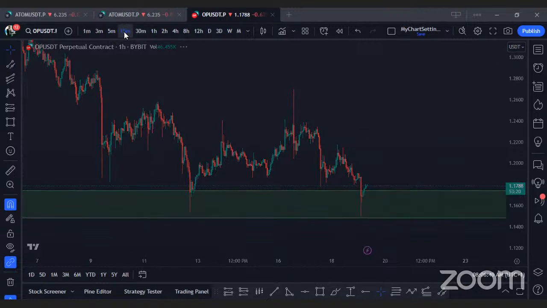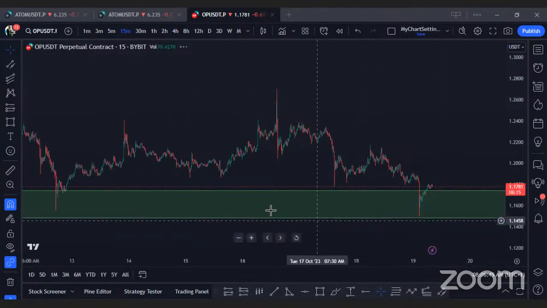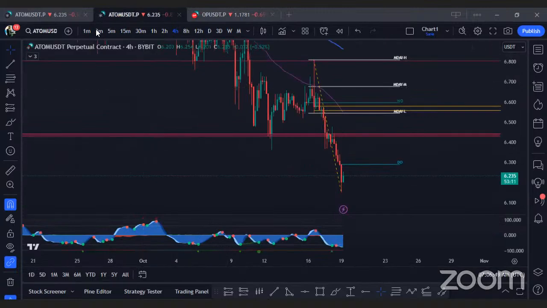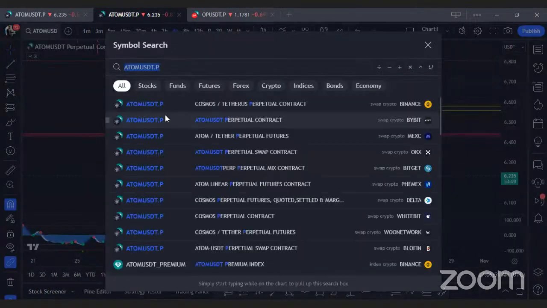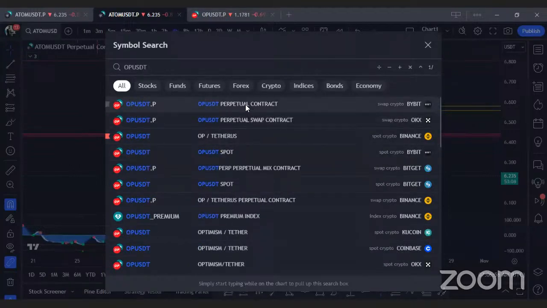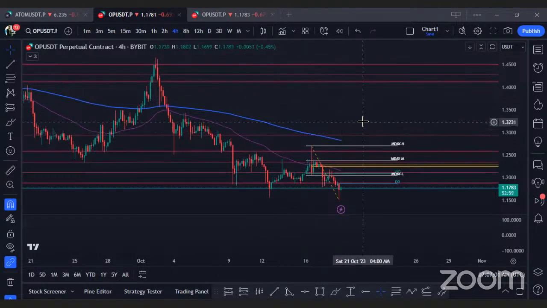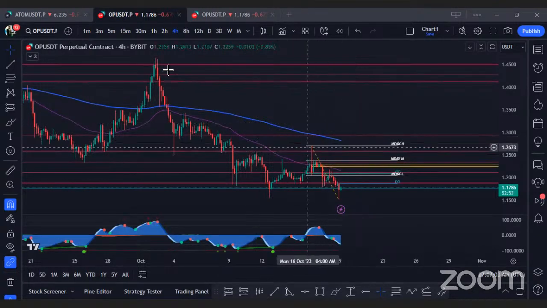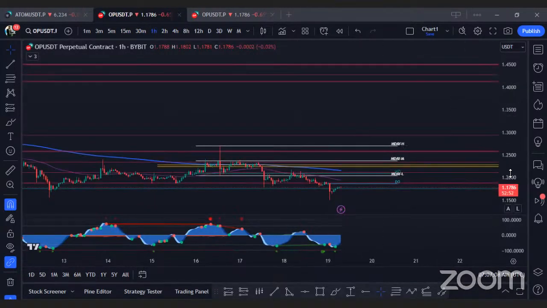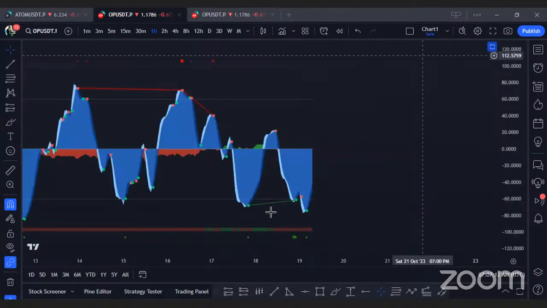If I look at my 15 minutes time frame, OP is still at the entry level, guys. If I come back to my indicator and look at OP USDT, let's see what we have on the indicator too. If I go down to the 1 hour time frame, you see this bullish divergence here, right?